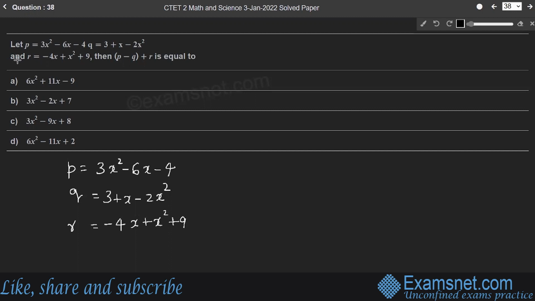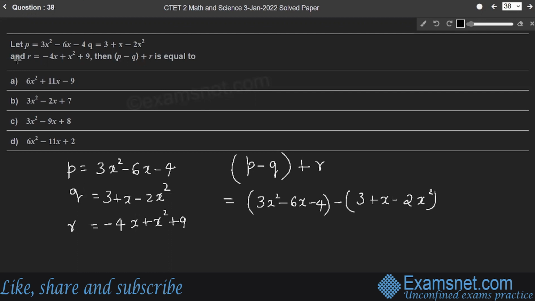Then P minus Q plus R is equal to, P is 3x square minus 6x minus 4 minus of Q, which is 3 plus x minus 2x square, right?